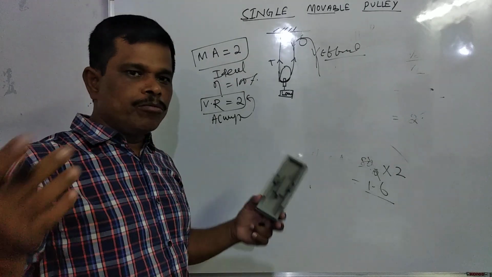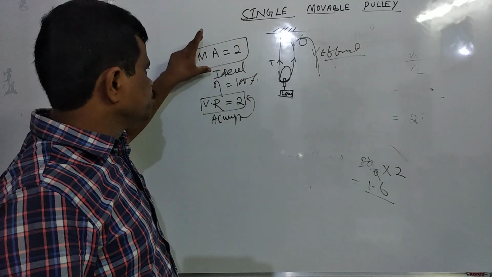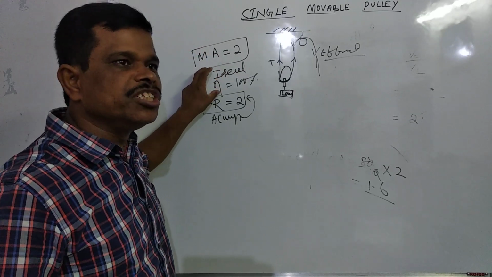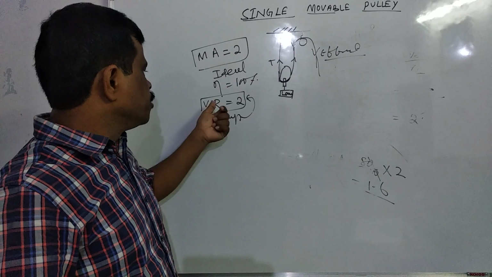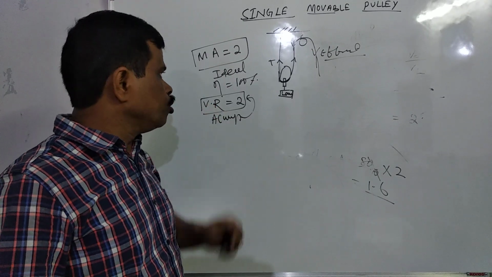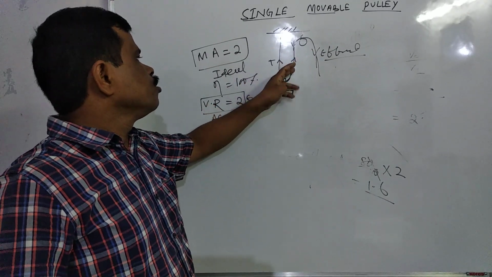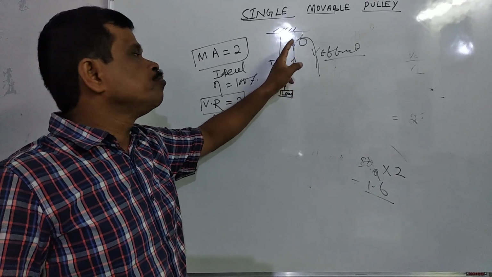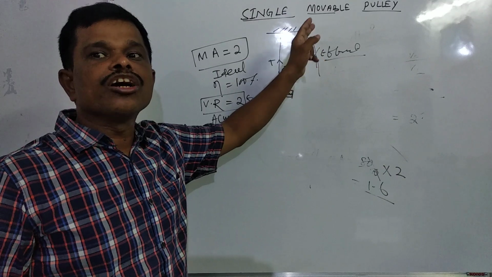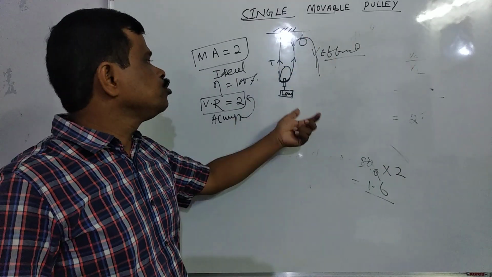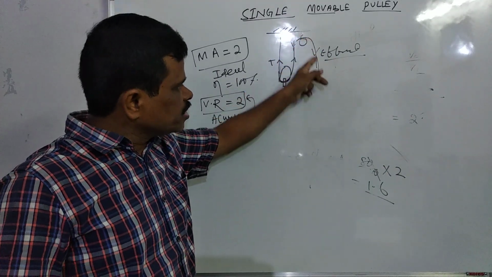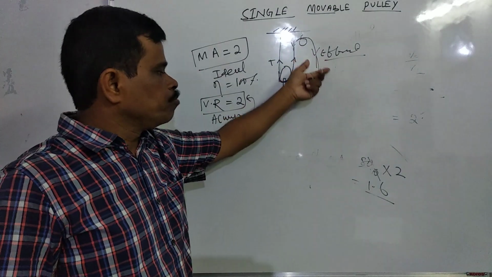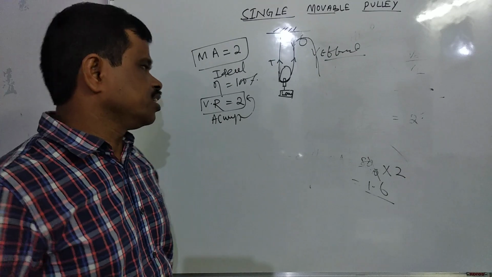So for a single movable pulley, your mechanical advantage is 2 in the ideal situation, that is efficiency 100%, and velocity ratio is 2, that is always. And your one disadvantage is that the effort is not applied in a convenient direction. Then what will you do? You will fix a single fixed pulley to apply the effort in a convenient direction.